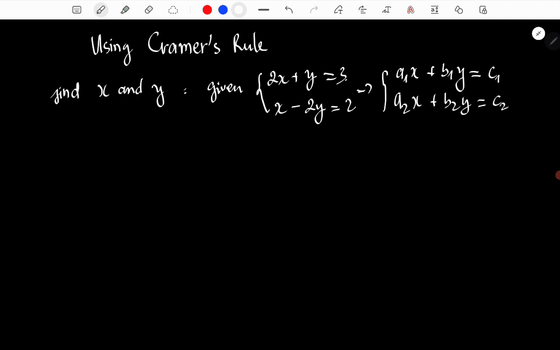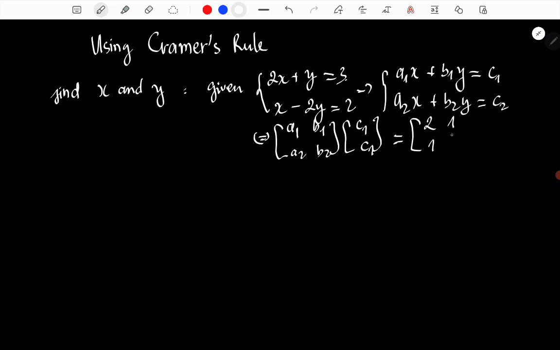So for this given equation, we know that a1, a2, b1, b2, and then c1, c2 are going to be 2, 1, 1, -2, and then c1 and c2 are 3 and 2, right?